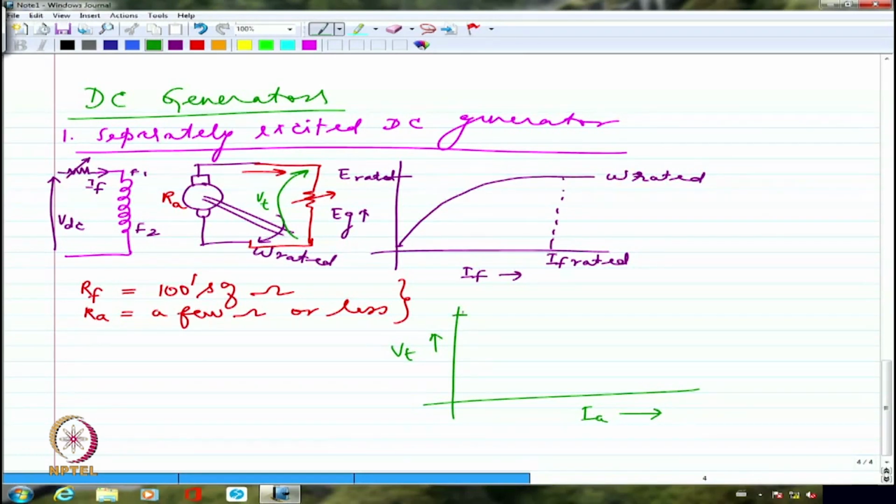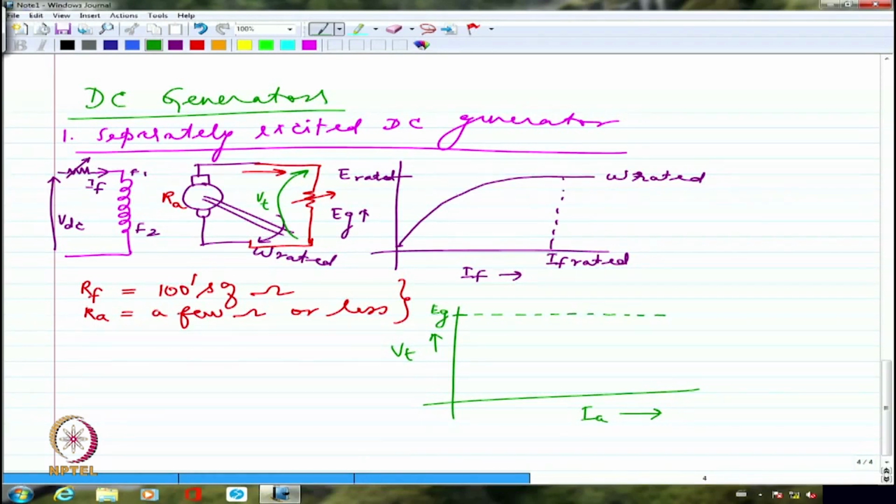When my IA is 0, I had this value to be EG at rated speed. Of course, I am talking about rated condition of speed, rated excitation. When I provided rated excitation and rated speed, I had EG as my value of generated voltage. Now, if it had been an ideal generator, this should have been maintained as a constant.